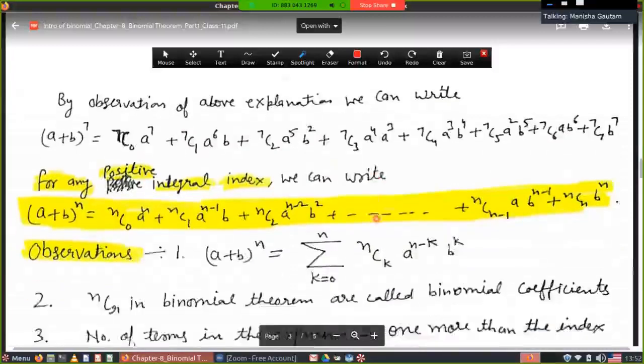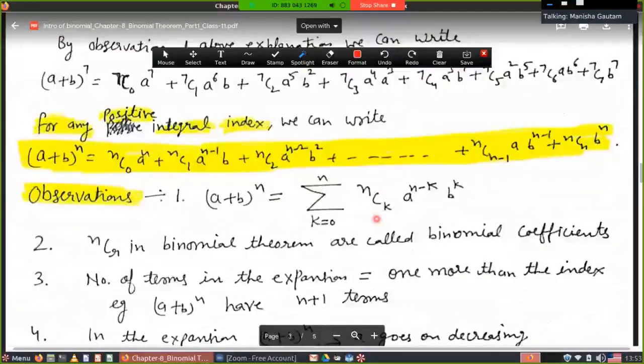Now, this is the formula of the binomial expansion. If it is written in general form, then how do we write it? (a + b)^n is equal to nC0 a^n plus nC1 a^(n-1) b plus nC2 a^(n-2) b^2, and the last term will be the (n + 1)th term.